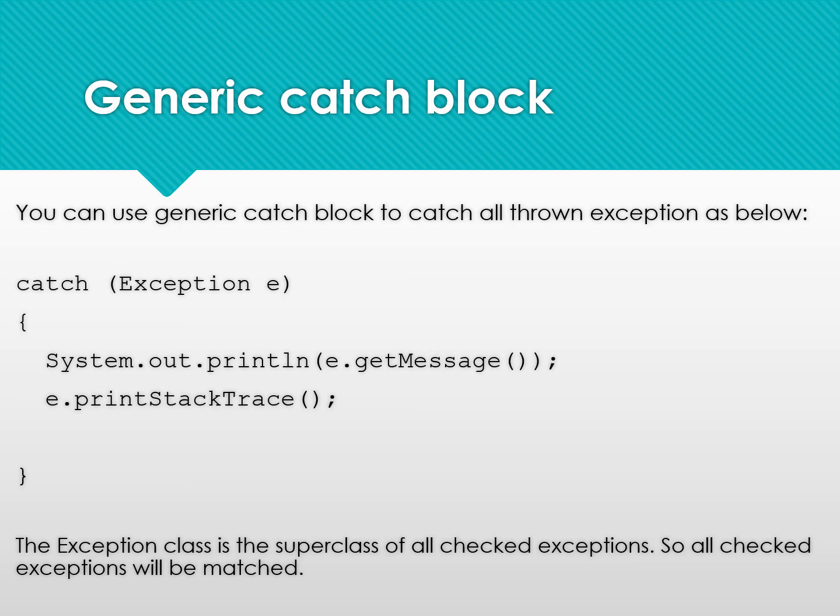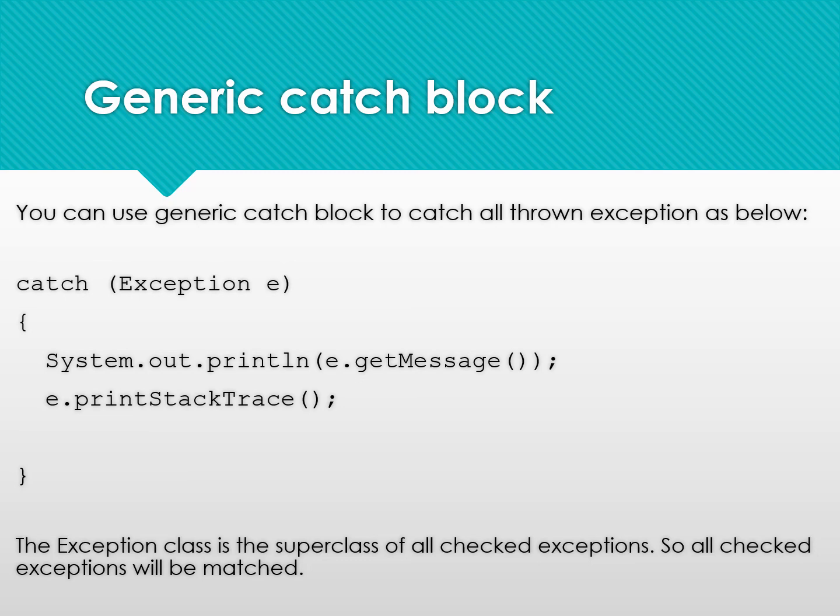The example just now shows a very specific exception. Let's say you don't know what might be the exception being triggered. To be on the safe side and easier for you, you just put Exception e. If you still remember from the class hierarchy diagram that I showed you just now, Exception here is actually the superclass.